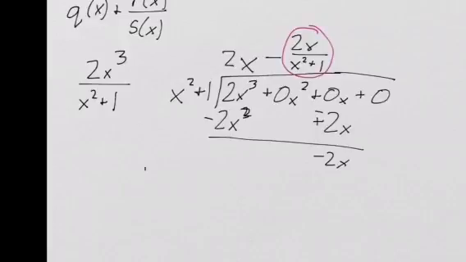That's saying that when I graph the function, so that oblique asymptote is something like that, the graph of our function is going to get closer and closer to that line.